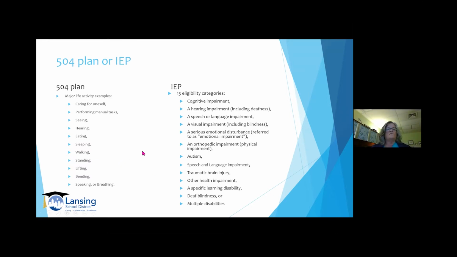So in a 504 plan, some examples of major life activities are caring for oneself, performing manual tasks, seeing, hearing, eating, sleeping, walking, standing, lifting, bending, speaking, or breathing. And there are additional categories as well, but these are just some examples of the areas in which a 504 plan might be appropriate.